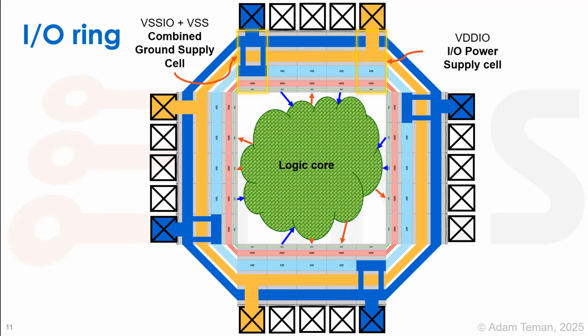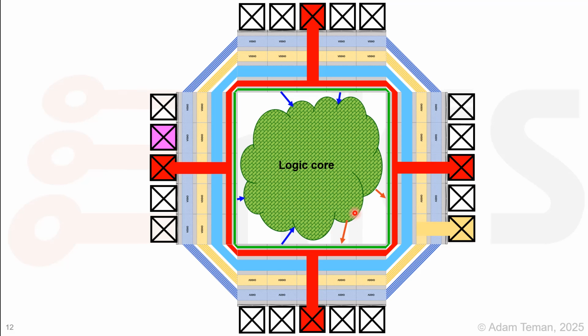Now you see that I also put several of these, both ground and VDD pads, around the chip, because we need to supply as much power as needed for different things like simultaneous switching. Okay, then we also have what we call the core VDD digital supply cell.